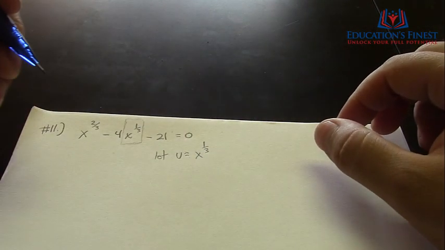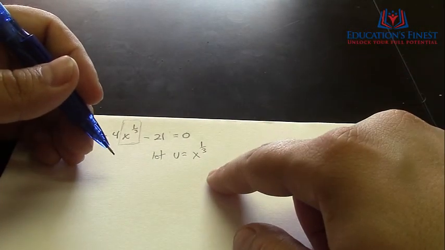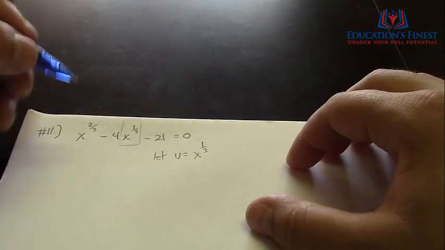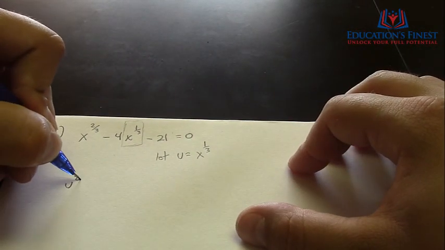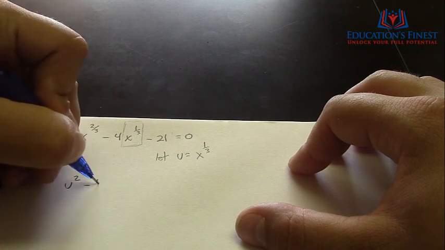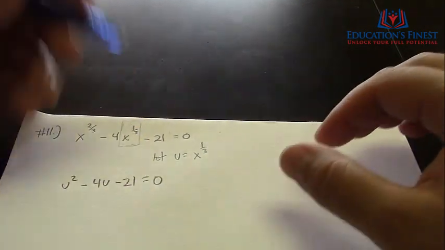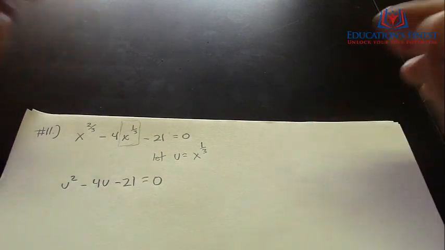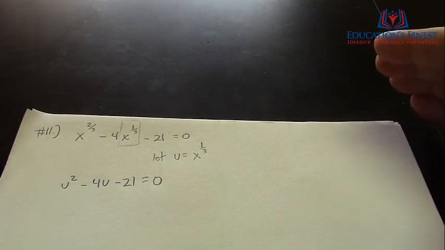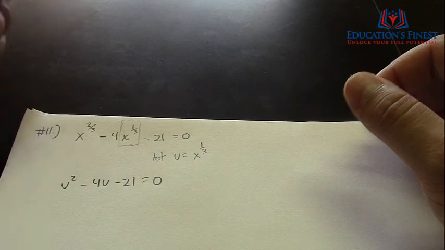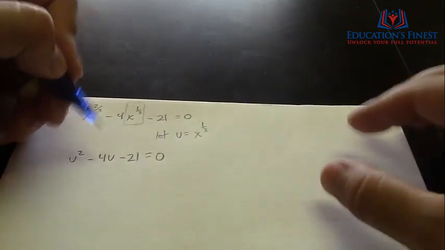When that happens, when you do this u sub, it will always break down this way. You'll have u squared here minus 4u minus 21 equals 0. It'll always break down into a form that we understand, we know how to solve, okay? With that being said, I'm just going to factor this guy.